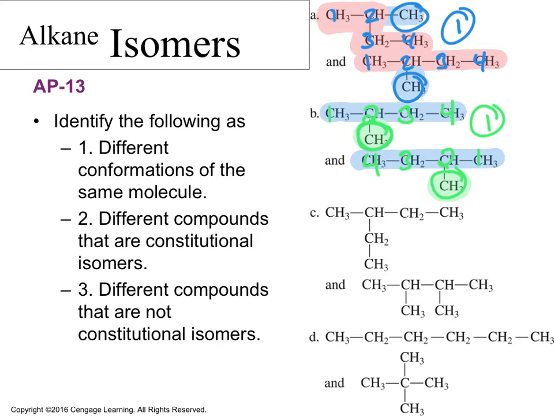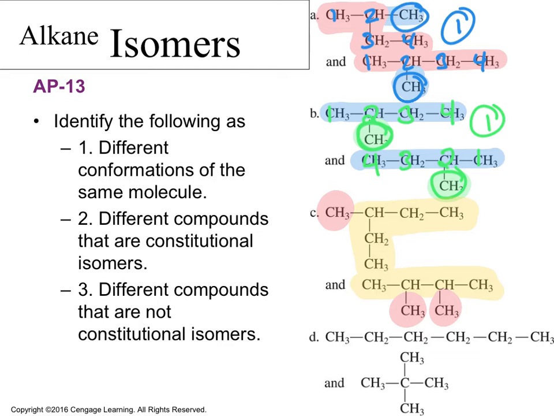We look at C. The longest chain is actually a 5 carbon chain. So I can get 5 carbons continuous if I go down that bend. Then I've got a CH3 group coming off of the middle somewhere. If I look at the next one, the longest chain I can get in any direction is 4. Then I have 2 CH3 groups coming off of it.